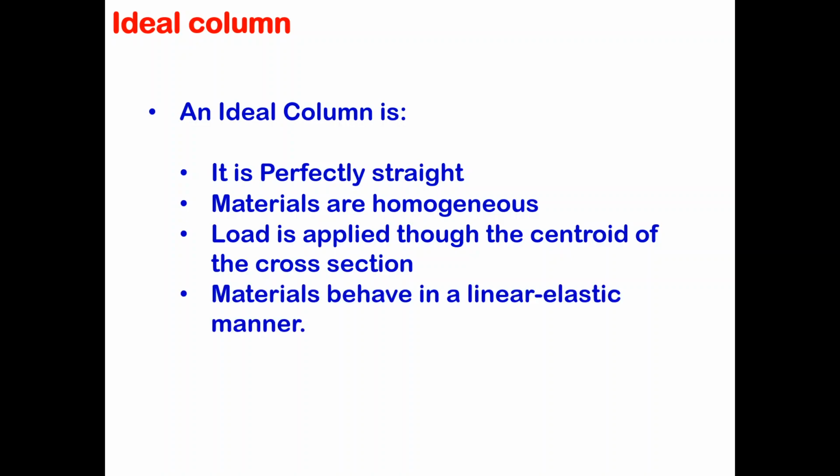And also the material must behave in a linear elastic manner. So if it changes its configuration, it will go back to its original configuration. And if that's the case, then your column will buckle or bend in a single plane, and it will always go back to its original position when you remove the load.